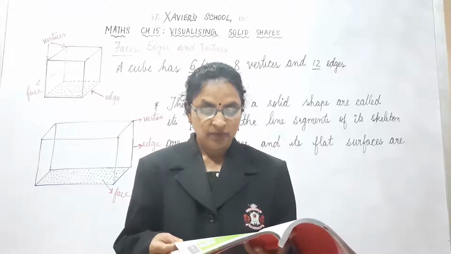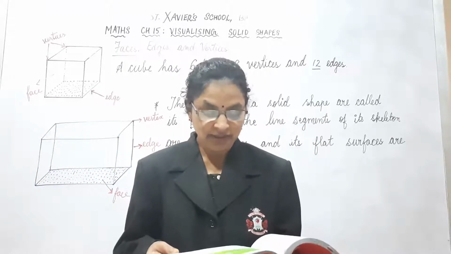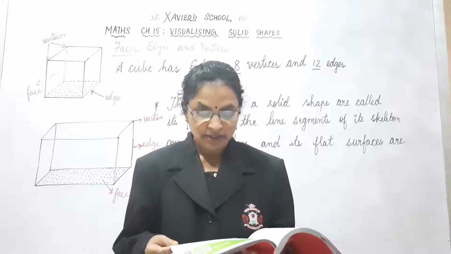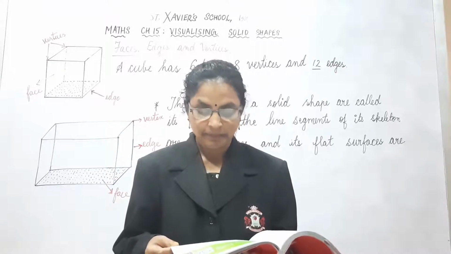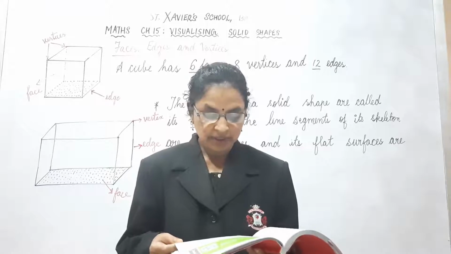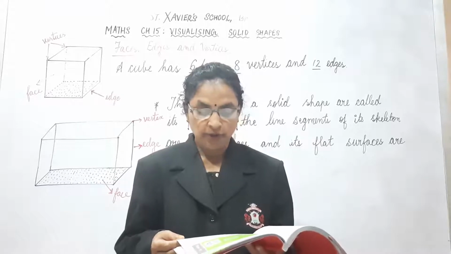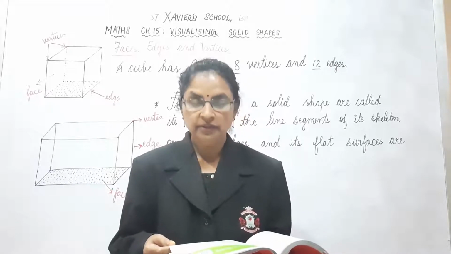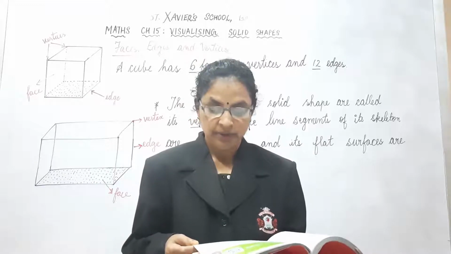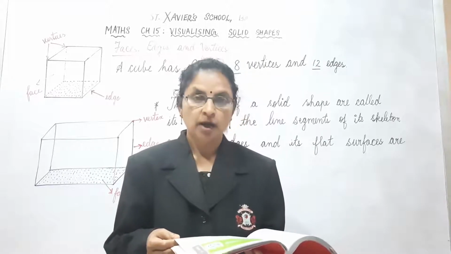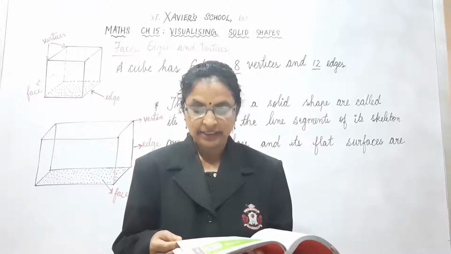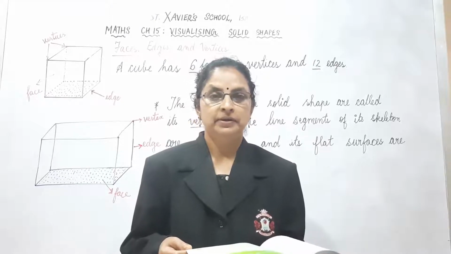First one is cylinder, second one is sphere, mark it. Third one, cuboid. Fourth one, cube. Fifth one, cone. And sixth one is pyramid.